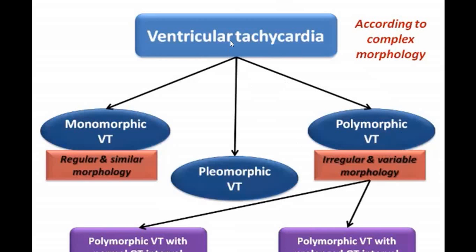So ventricular tachycardia you can divide into monomorphic and polymorphic. In monomorphic, it is regular and all QRS complexes have similar morphology, while in polymorphic they are irregular with variable morphology, which you can further divide into normal QT interval and prolonged QT interval. We'll be talking more of this. That is what we call Torsades De Pointes.